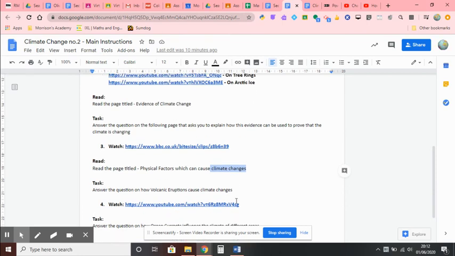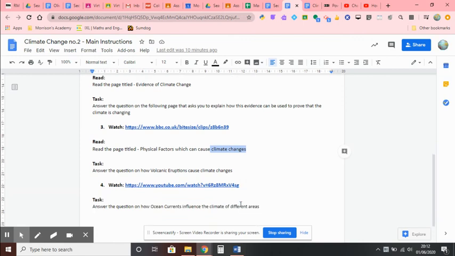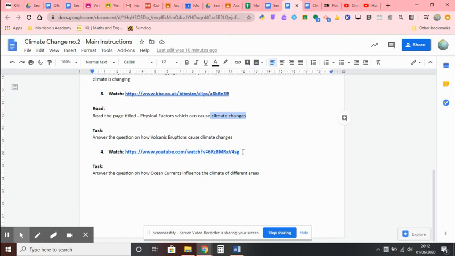The second one is more to do with ocean currents. Last task, a video will talk to you about how ocean currents influence the climate of different parts of the planet, and how ocean currents move water around and affect the air temperature. So, for example, if it wasn't for ocean currents, the heat in the equator would never get to the northern areas of the world.